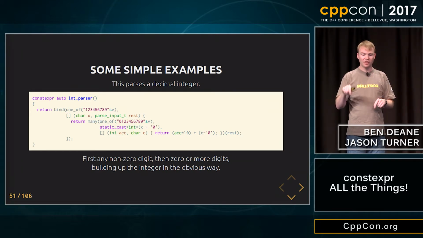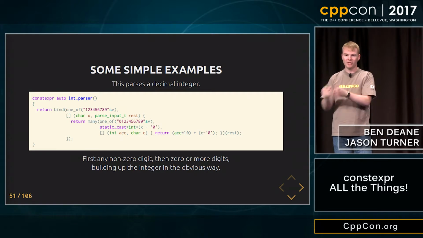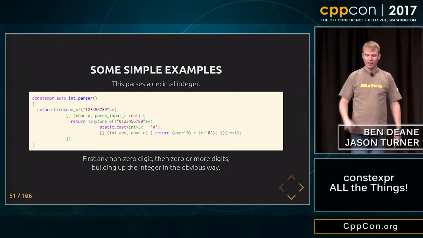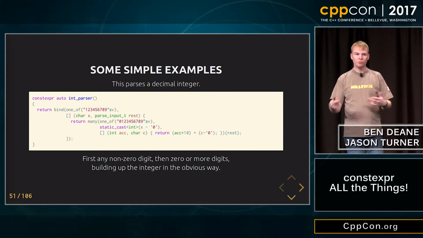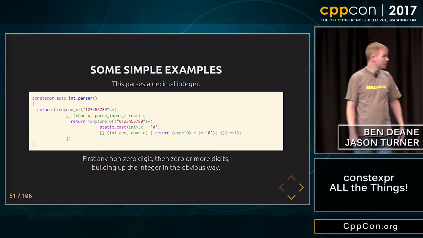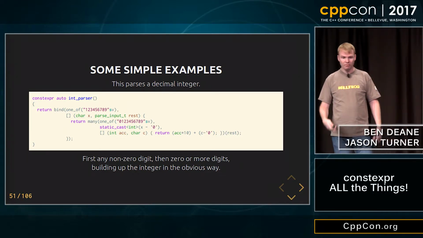And then inside of that, we're saying, well, after you've parsed that 1 through 9, do many of 0 through 9. So you can have any of those digits many times after your initial digit. And then we're accumulating in the obvious way of shifting and adding. So that, I hope, is clear.